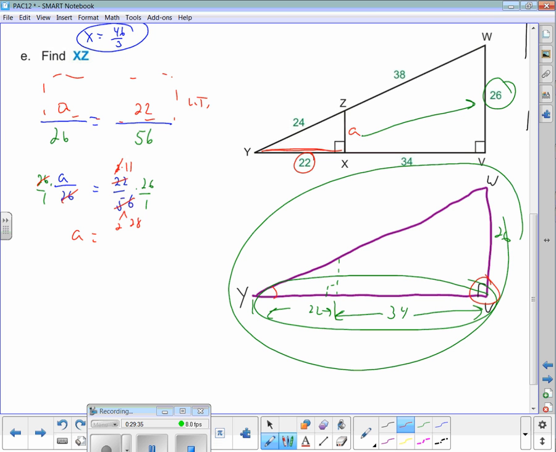Okay, the 2's are gone. And 28 is 2 times 14. And 26, 2 times 13. And those 2's are gone. So what do we end up with? 11 times 13 over 14. All right, I'm using my calculator. And it looks like 143 over 14. All right, that's the value.